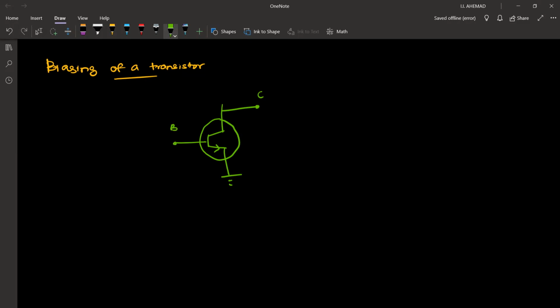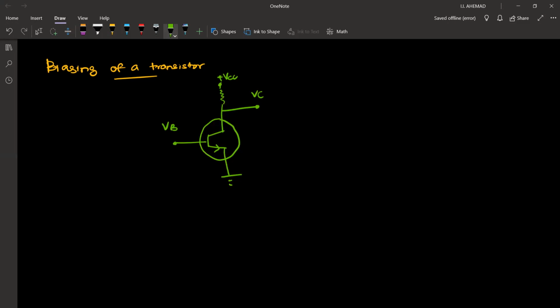Here we have the emitter. We are connecting this to a voltage source, okay? So VCC. Let's say this is VB and VC.